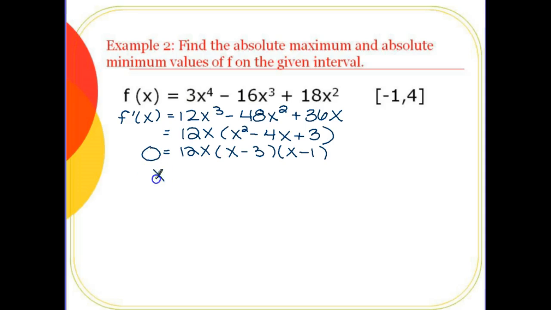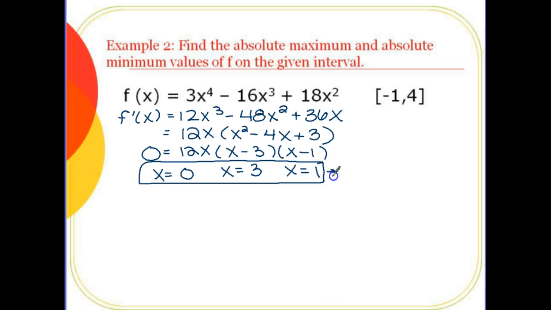So we have one zero at 0, one zero at 1, and one zero at 3. So these are called what? Critical points of interest. How many of these are in my interval? All 3. All of them.